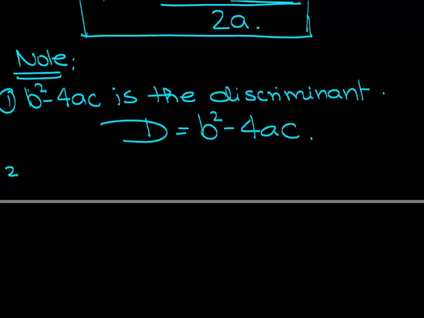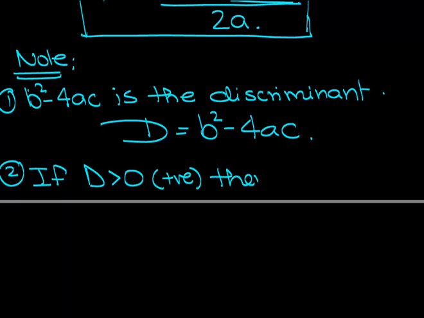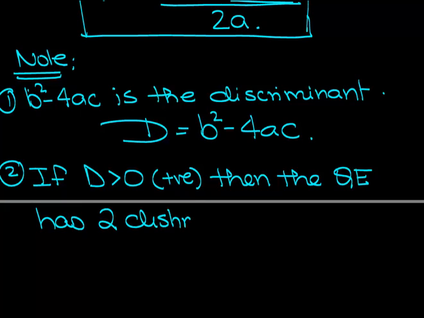There are a couple things to note about this. If d, the discriminant here, is greater than 0, that means it's positive, then the quadratic equation has two distinct real solutions.